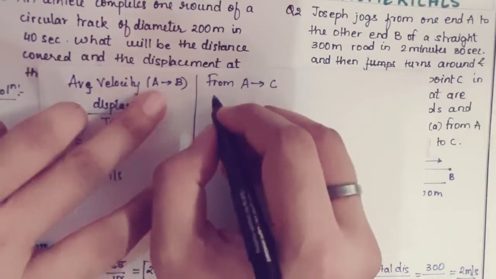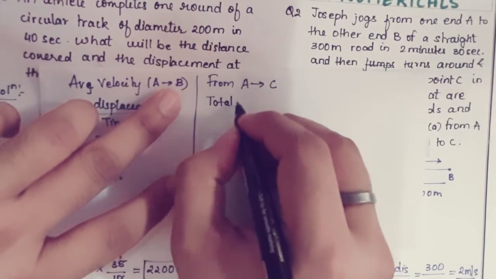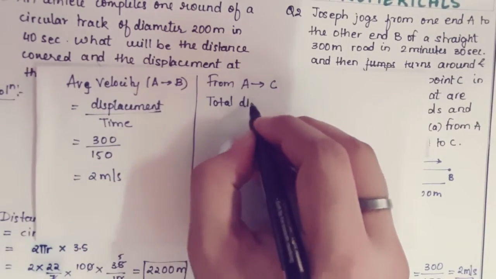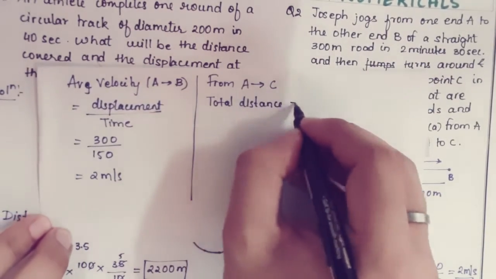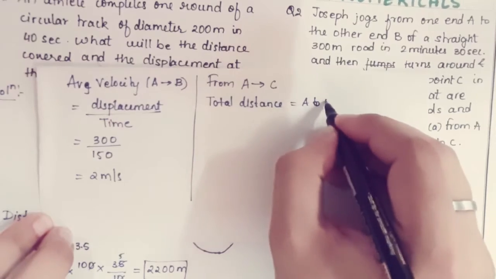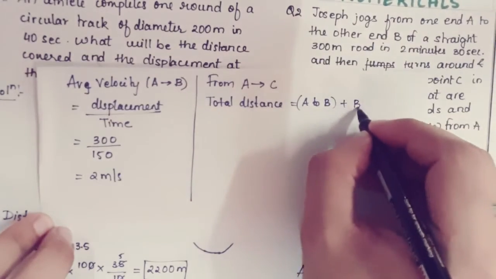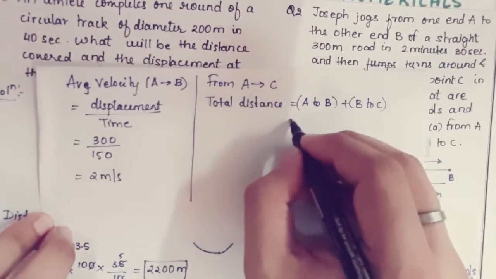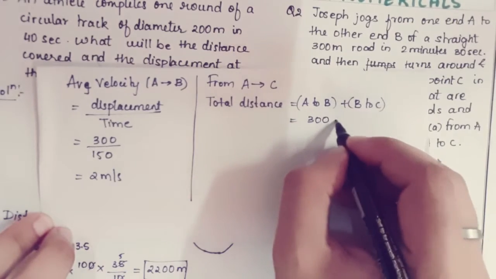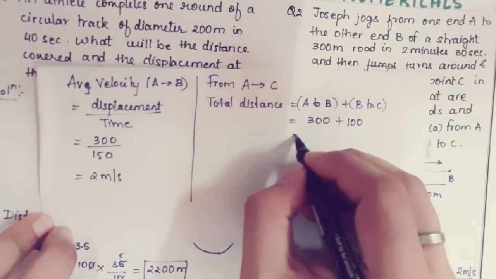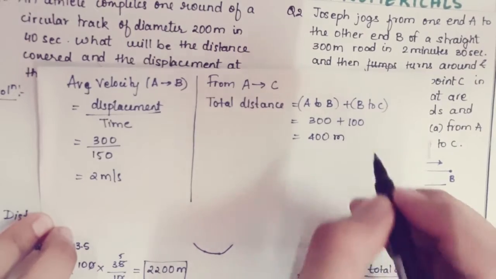So total distance will be A to B plus B to C. A to B is 300, B to C is 100, so the total distance comes out to be 400.